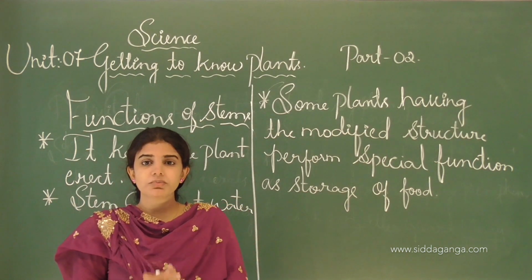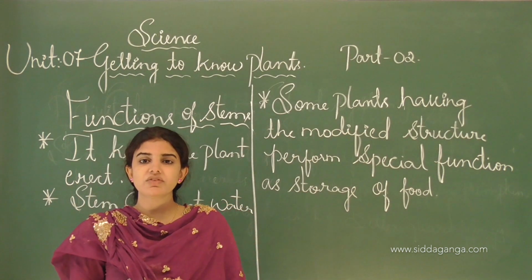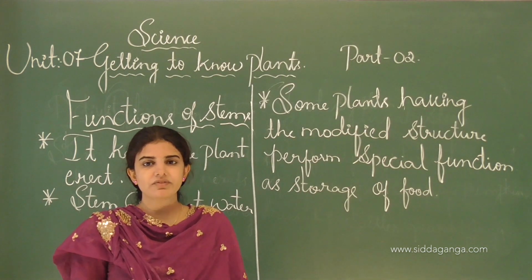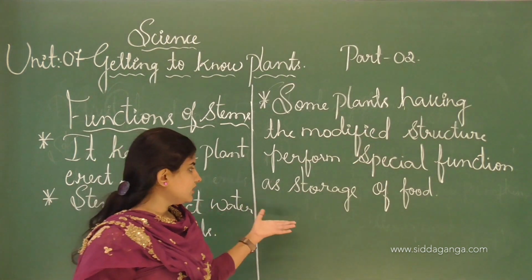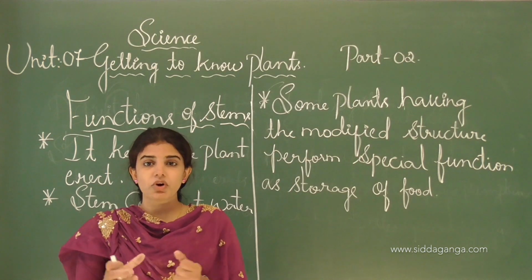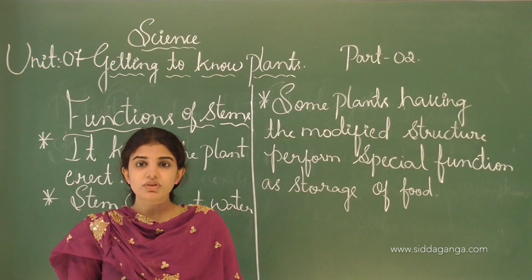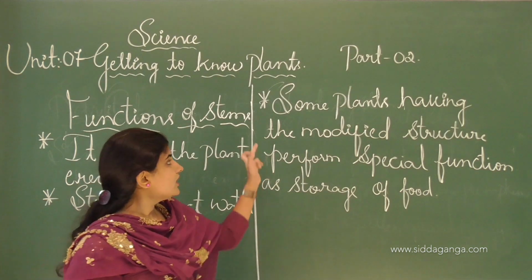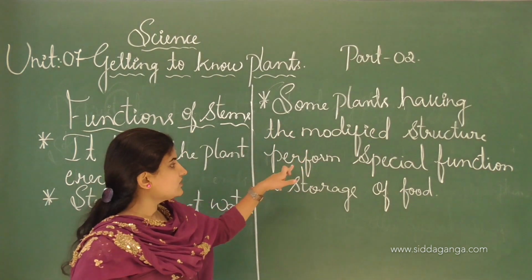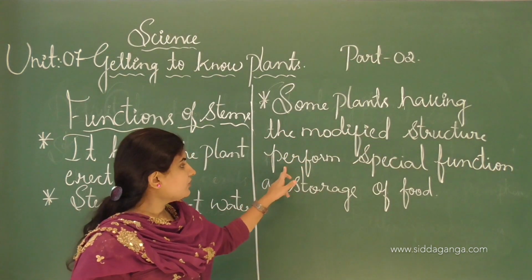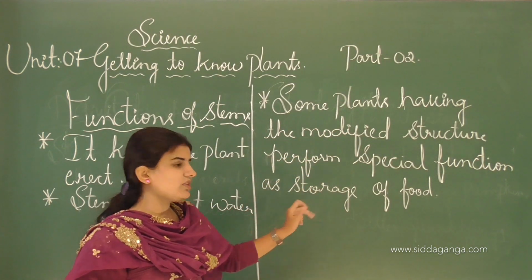See, in the very first chapter I told about the modification of the structure of different parts of a plant. In some plants the root is modified as a storage organ. For example, turnip and beetroot are the examples. In some plants the modified structure, nothing but the stem, performs a special function as a storage of food.